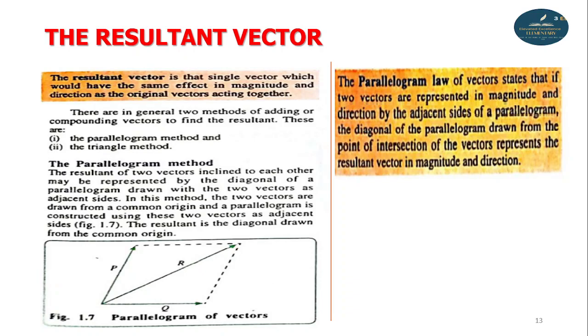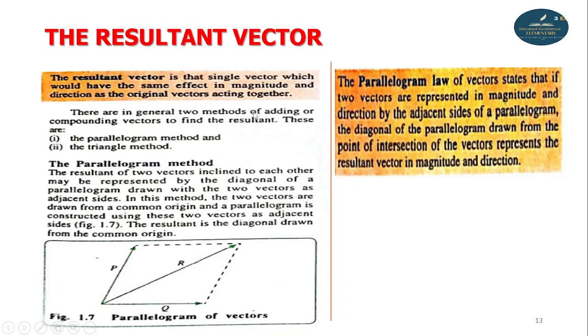So now let's move to the resultant vector. The resultant vector is that single vector which would have the same effect in magnitude and direction as the original vectors acting together.